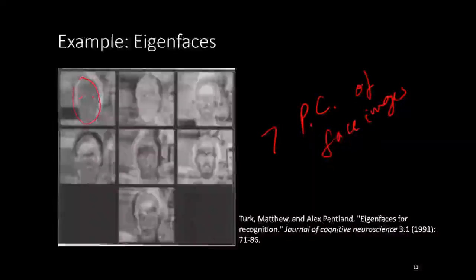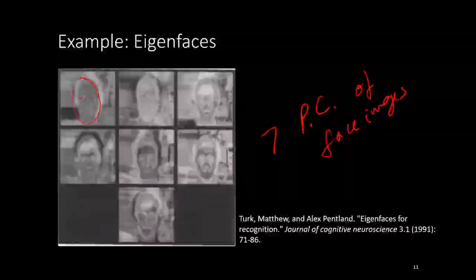We will either add or subtract some portion of this, then we will add or subtract some portion of these. So these two will capture most of the variation in different face images, and then we can keep adding the components. Up to 7 of them can reconstruct the face image quite well, is what was found. And because of that reconstruction, these 7 dimensions were also enough for face recognition.